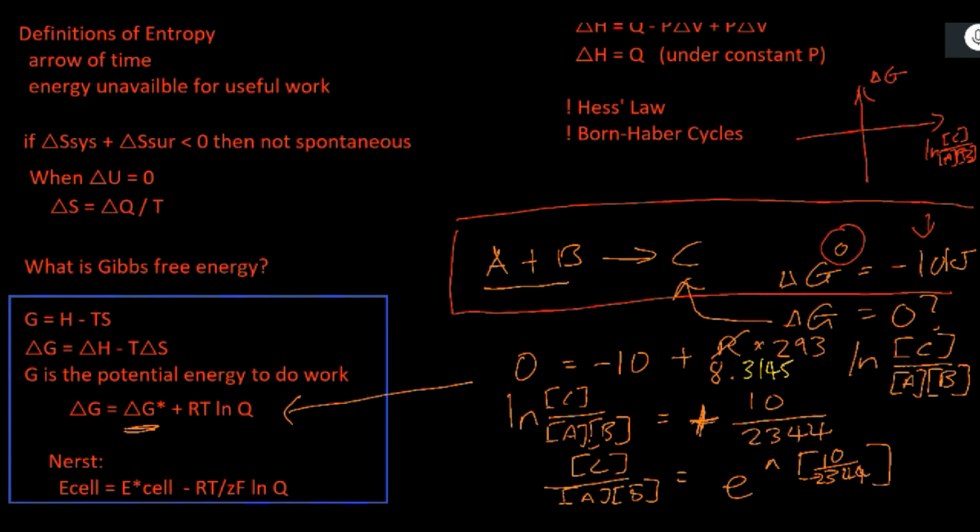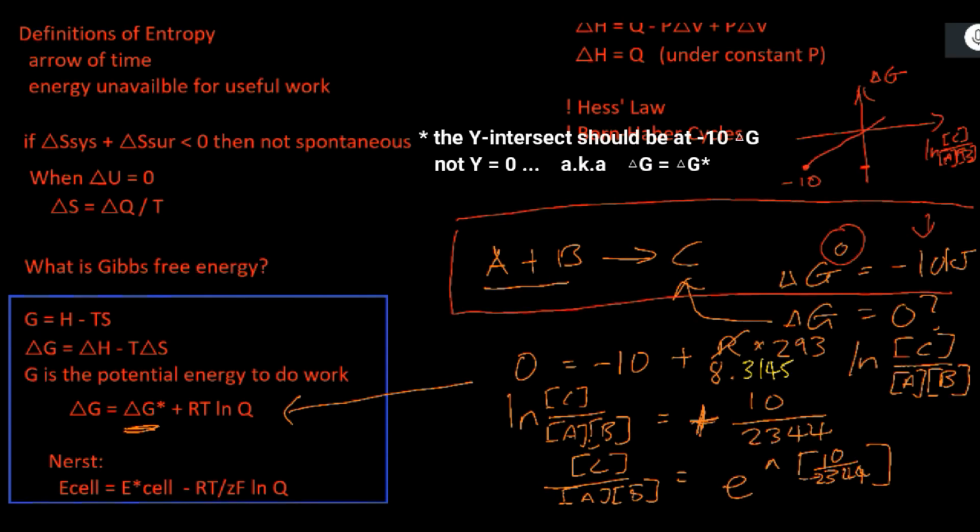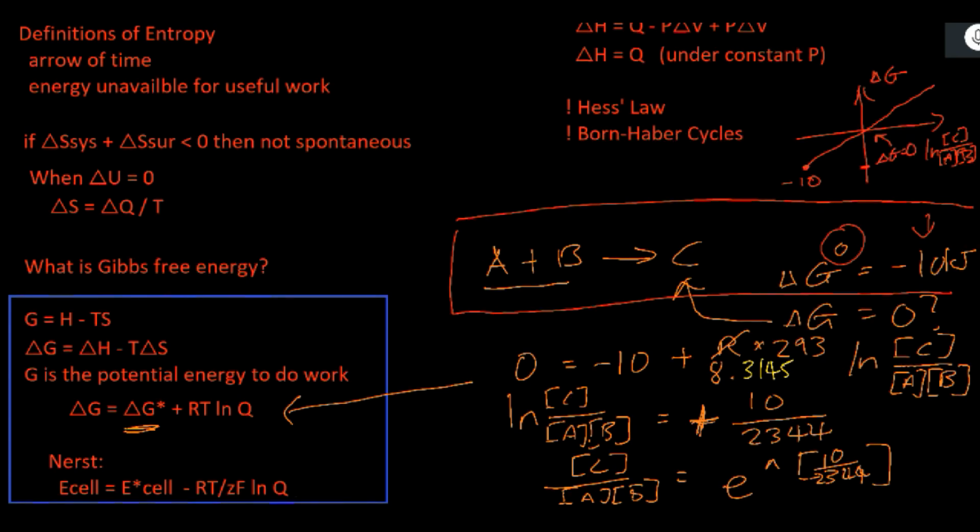When you only have A plus B and very little C, you're going to have something there, and that's negative 10. As the reaction proceeds, it's going to go all the way up like that. At a certain point where the ratio makes the Gibbs free energy equal 0, it's not going to happen anymore.